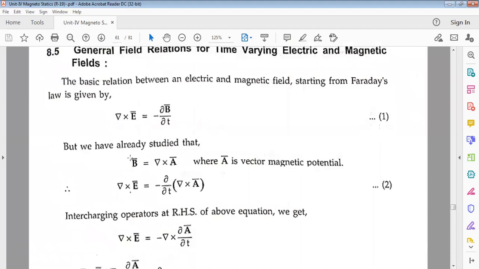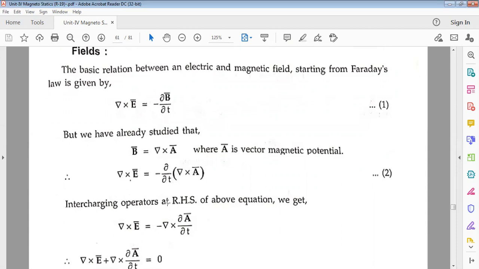We already studied that there is a relation between the vector magnetic potential and B bar. B bar is equal to del cross A bar. So del cross E bar is equal to minus dou by dou t of del cross A bar.